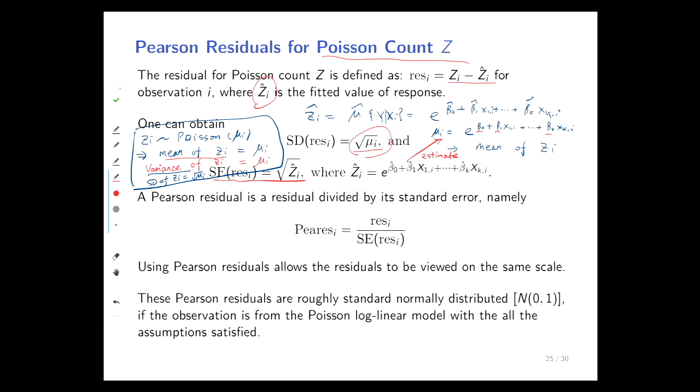So we consider the standardization, and in this case we can treat the Pearson residuals on the same scale. If the assumption is satisfied, the Pearson residual should be roughly standard normally distributed. In this case, we can use this normal distribution to help us identify whether Ni is from the Poisson log linear regression model.